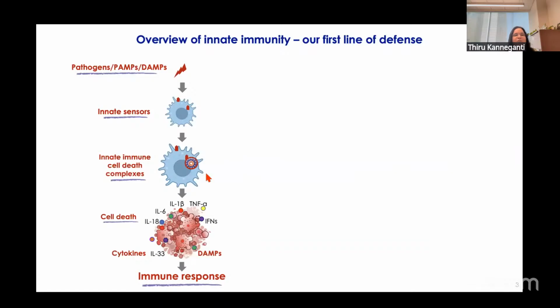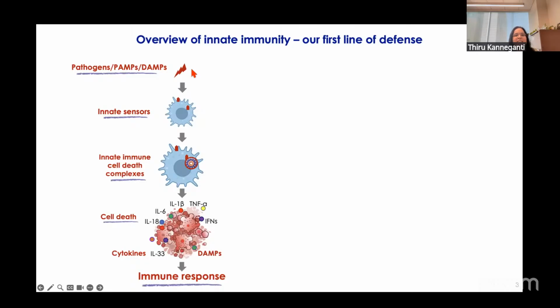So to just give you an overview of innate immunity, which is our first line of defense, what we know is we encounter pathogens, or you all know about pathogen-associated molecular patterns or DAMPs.